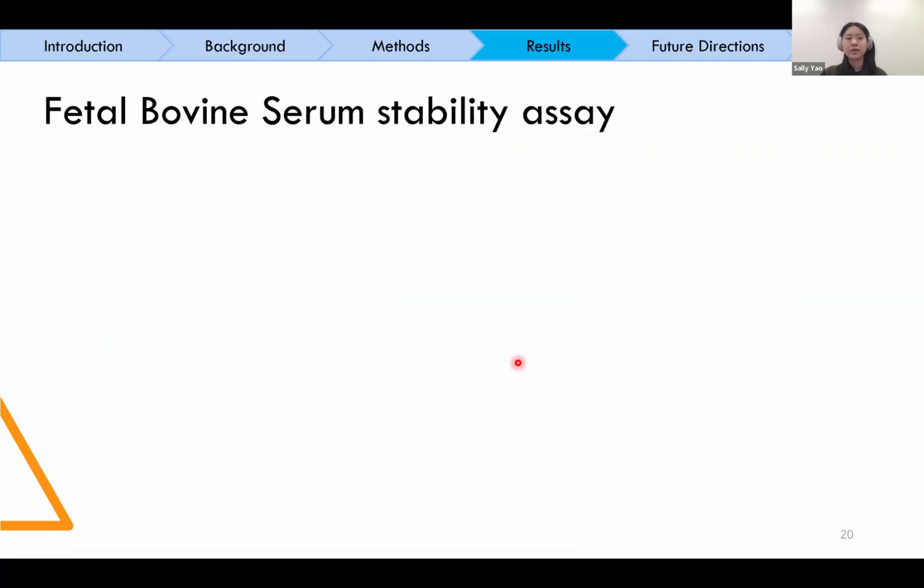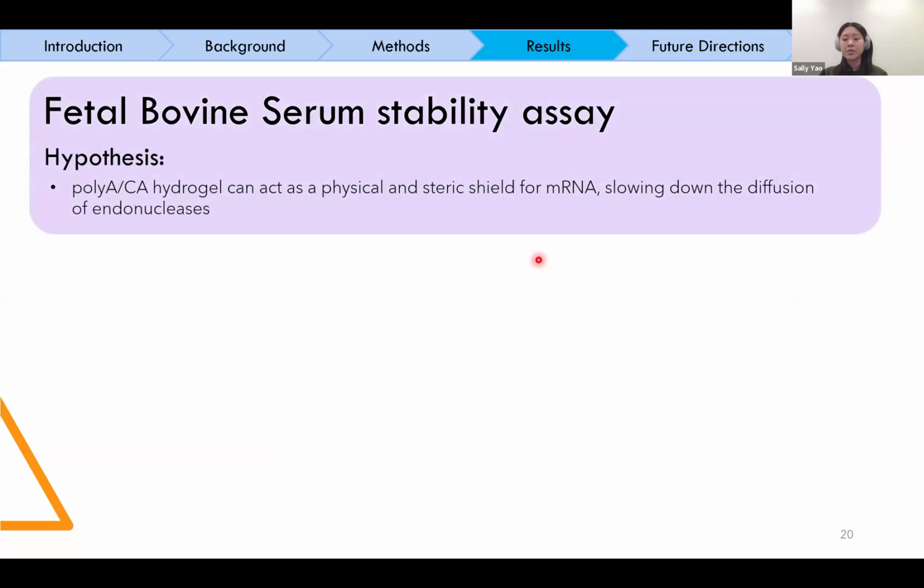Then just working with exonuclease wasn't interesting enough, so we moved to fetal bovine serum, which provides us not only exonucleases, but endonucleases. But it was obvious to us that if we just incorporate the poly-A of mRNA into the fiber, all the cargo sequences, the encoding region of the mRNA, will be exposed, and it will be very easy for endonuclease to cleave it.